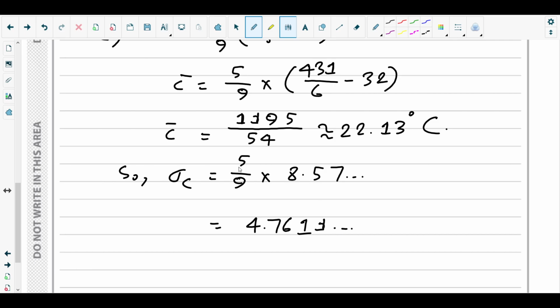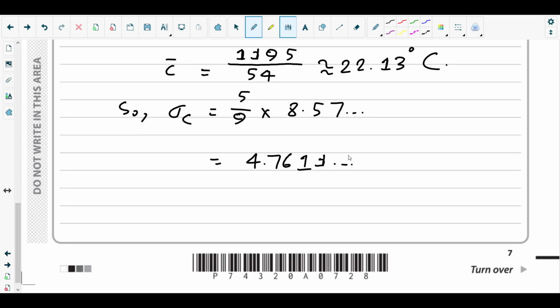It can be rounded to 2 decimal places, which is 4.76 degrees Celsius. That's it.